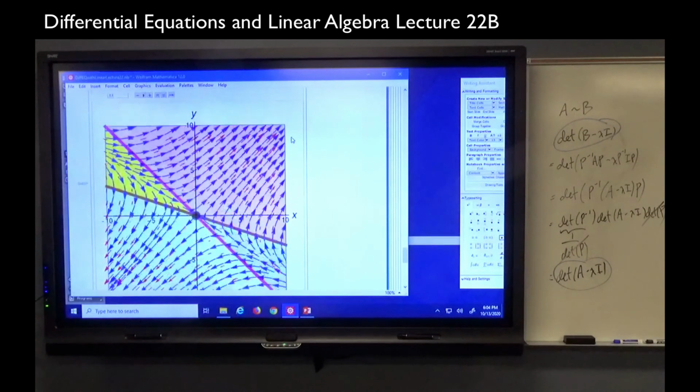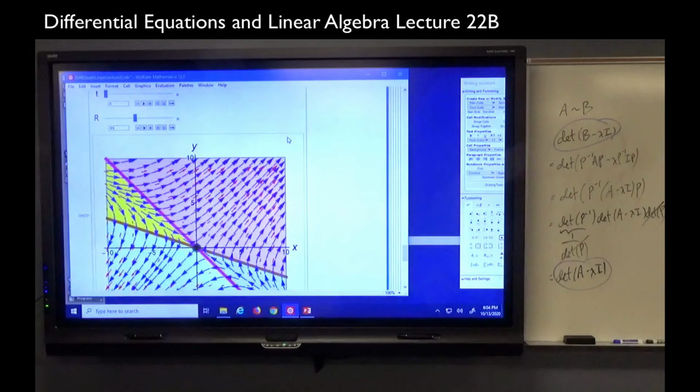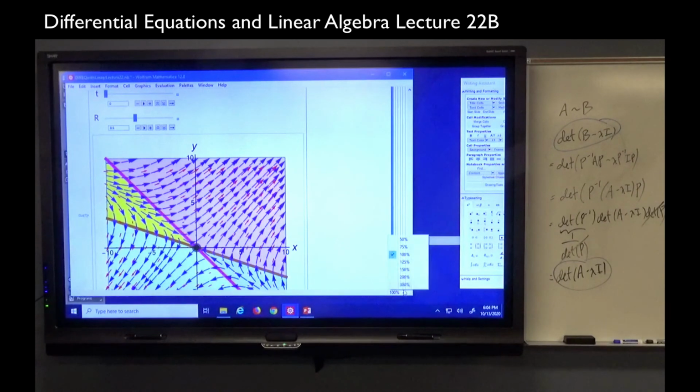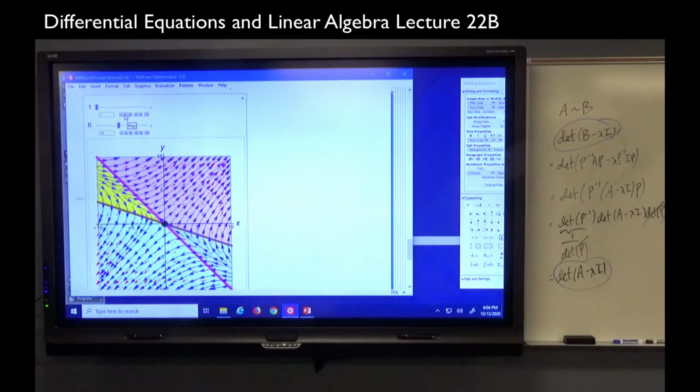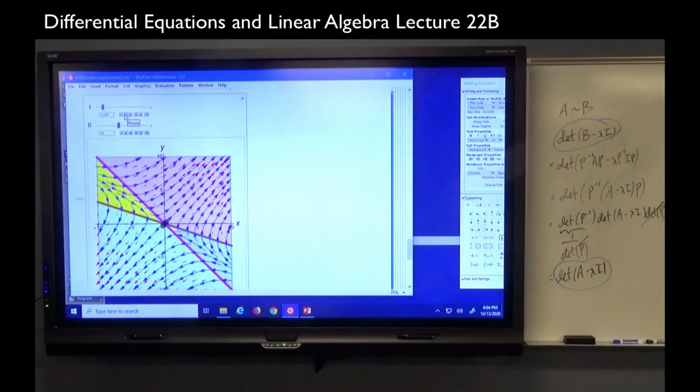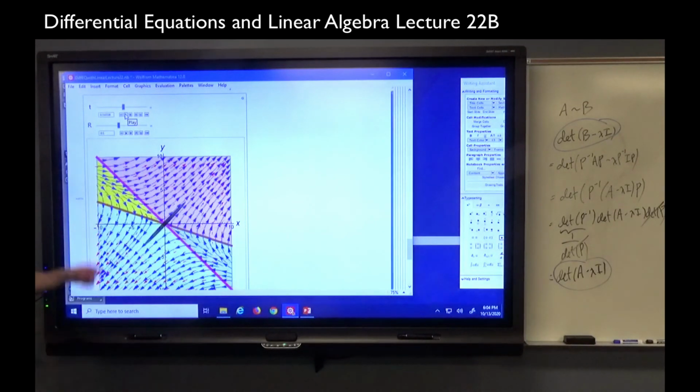And in the animation, I can look at the image of that set under the time t map as t goes from 0 to 1 by animating this. And I can stop it at any moment in time, like here's stopping it at time, this is 0.55, it says. There's the image of that original unit disk, it's a radius 0.5 by the way, under the time 0.55 map approximately.